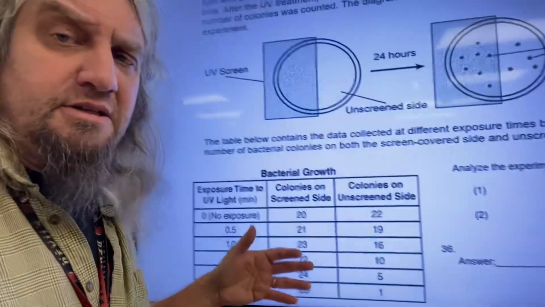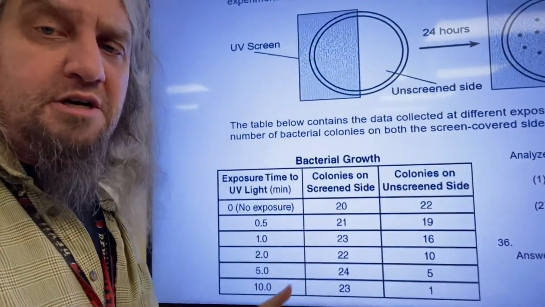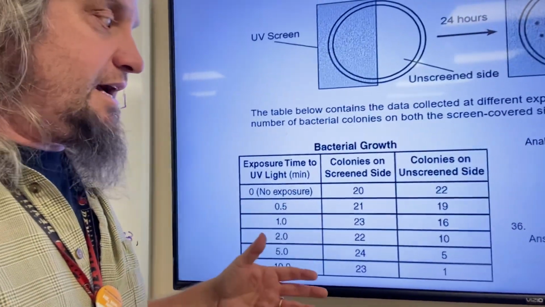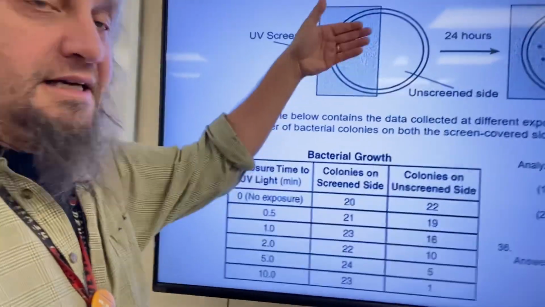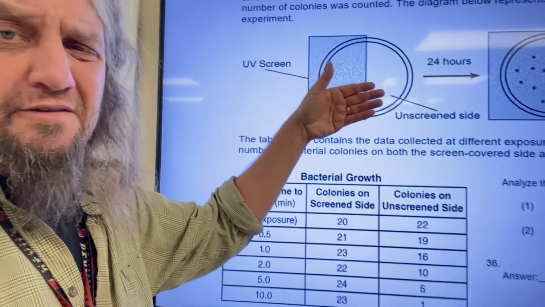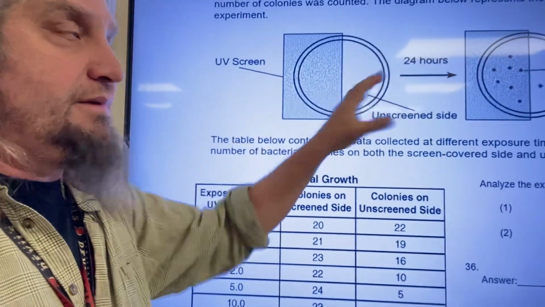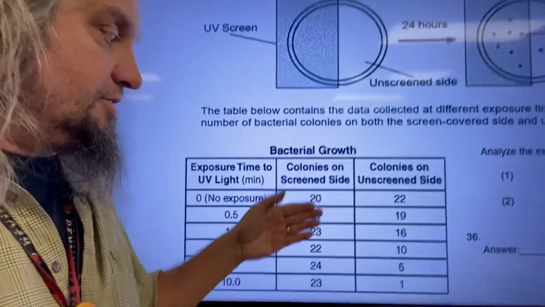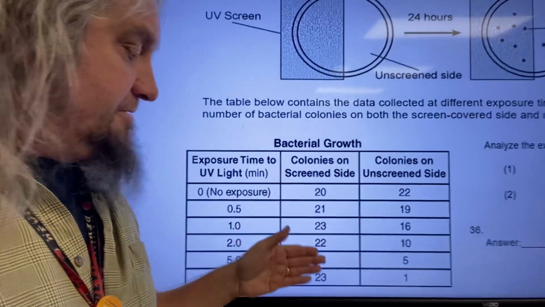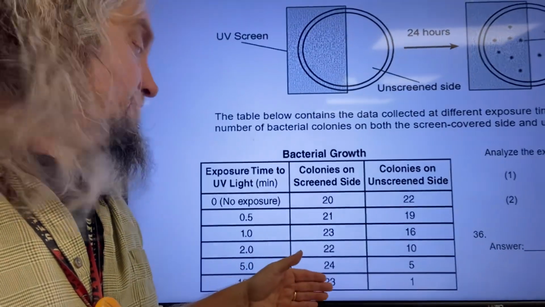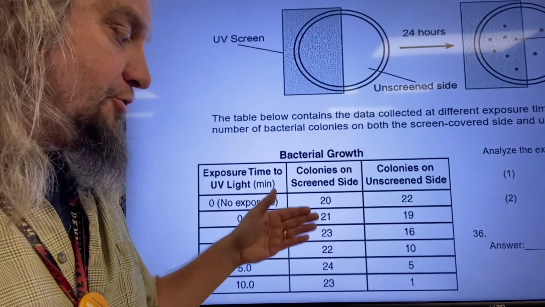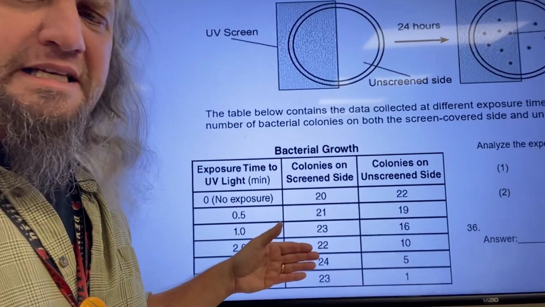And then when you look at the data, you have to be able to interpret this data to tell me what happened. Screened meant they didn't get any ultraviolet light. Unscreened means they were exposed to light. So on the screened side, regardless of the time of exposure, they grow 20 or so odd colonies.